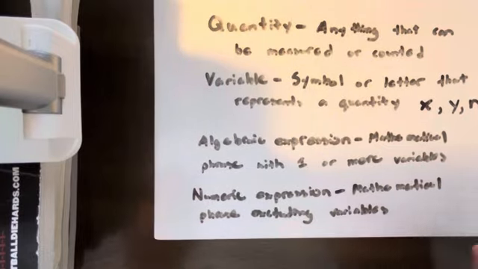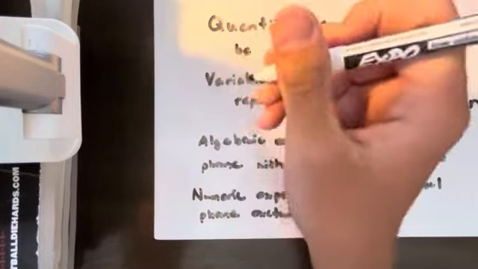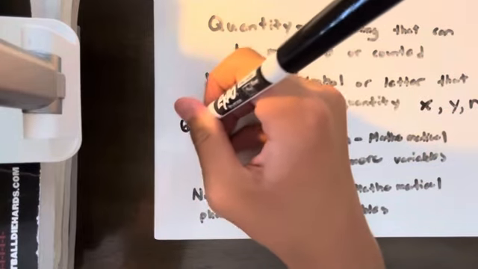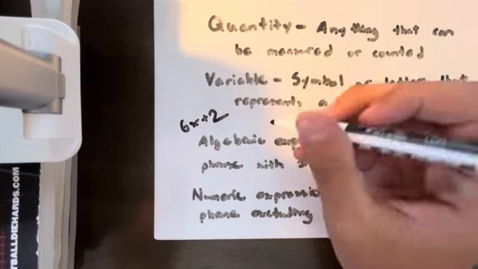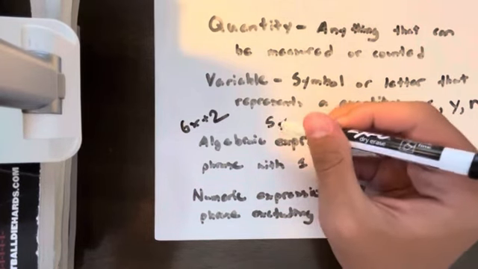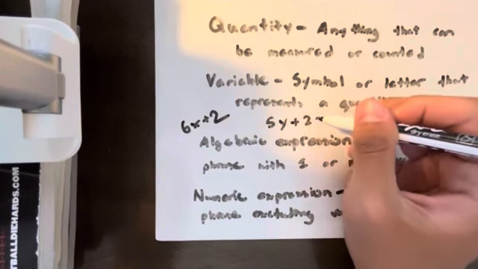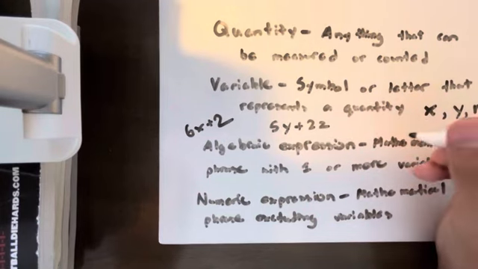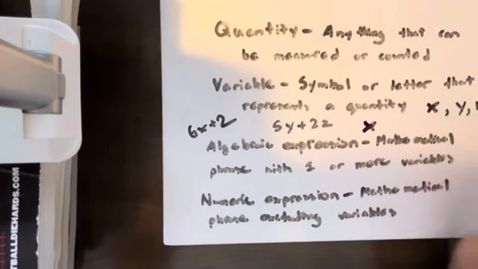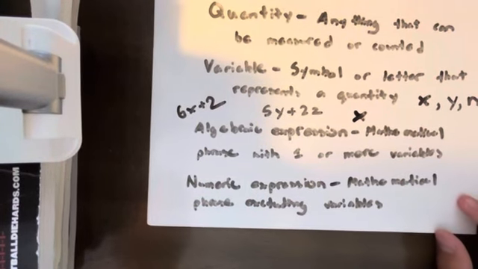For example, we could have 6x plus 2. Another example, 5y plus 2z. Finally, just x. All of those would be considered an algebraic expression.